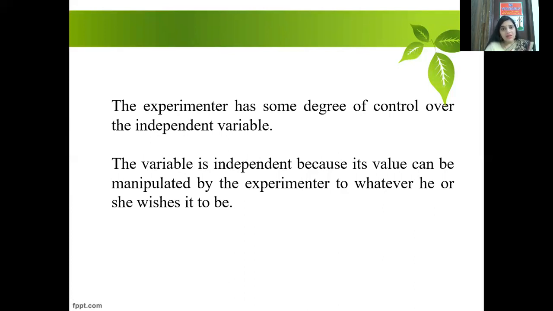That is why the independent variable is called independent, because it is not dependent on any variable here. We can move it as per our choice, and we will be checking its impact on the dependent variable. That is why the variable is called dependent, because its value is dependent on some other variable.